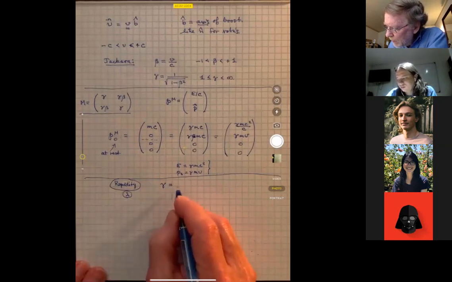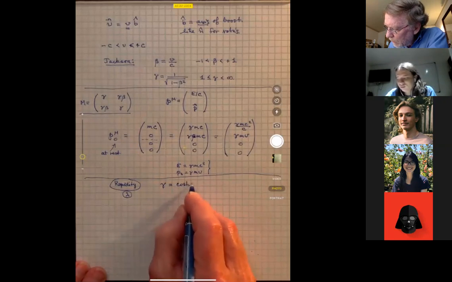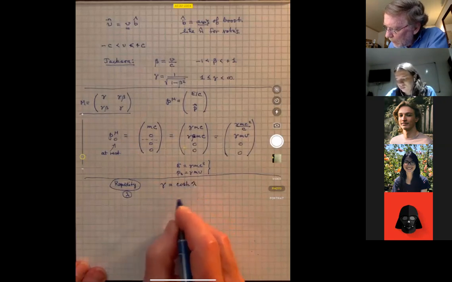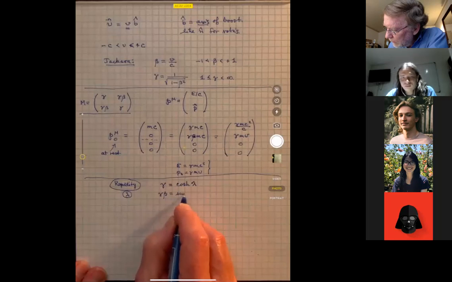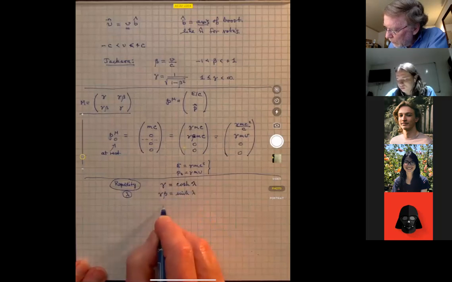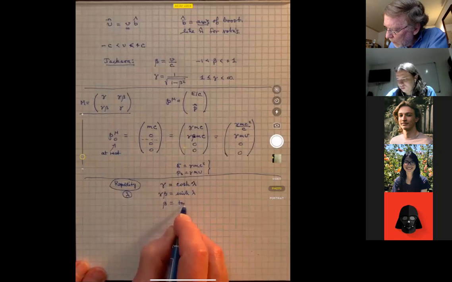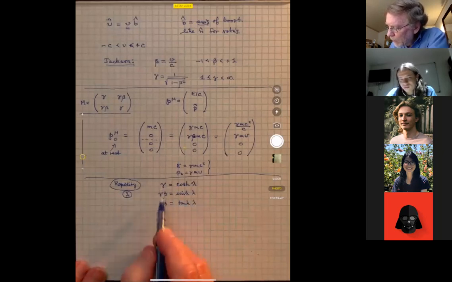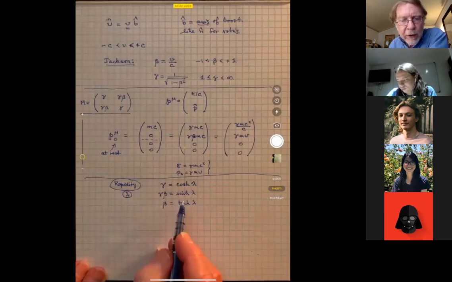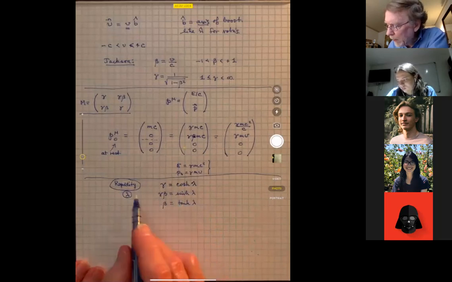Jackson's gamma is given by the cosh of the rapidity lambda. Gamma times beta is the sinh of lambda. And if you divide the two, you get beta is the tanh of lambda, hyperbolic tangent. So the parameters here are hyperbolic trigonometric functions of the rapidity.